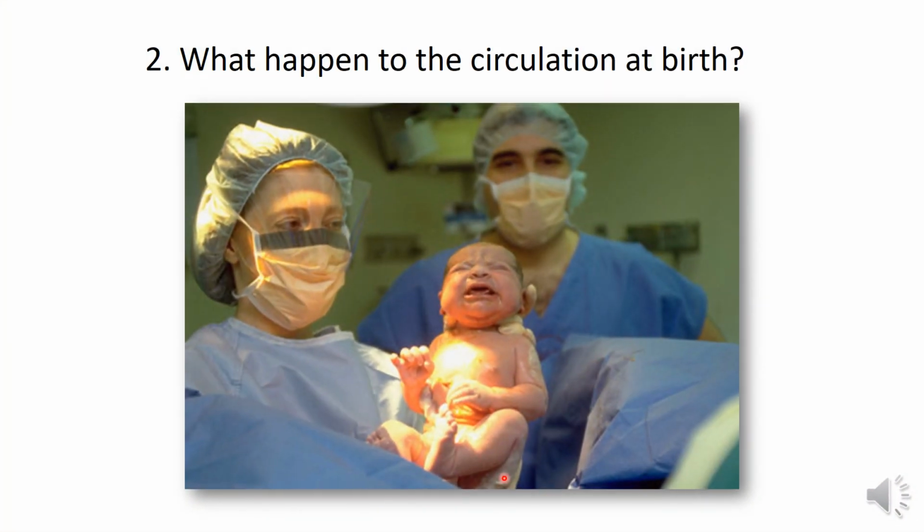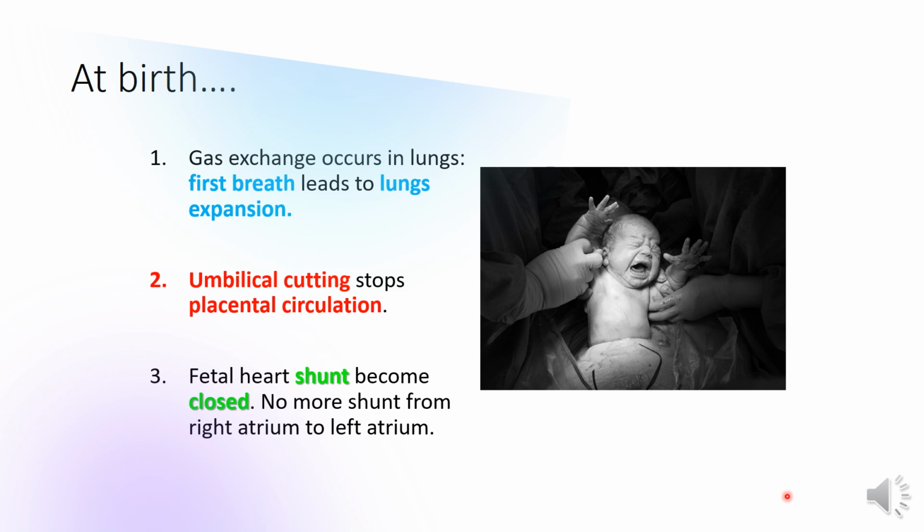Okay, that's all. A simple explanation of how the fetal circulation looks. Now we go to what happens to the circulation at birth. Once the baby is born, gas exchange occurs in the lung immediately. The first breath leads to lung expansion.